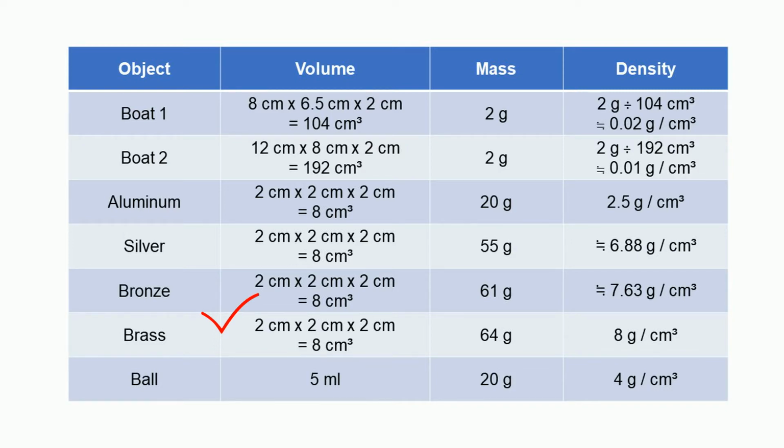That equals 8 cubic centimeters. The mass is 64 grams. The density is 8 grams per cubic centimeter. The ball is 5 milliliters. The mass is 20 grams. The density is 4 grams per cubic centimeter.